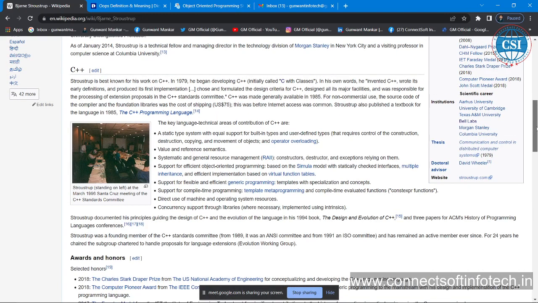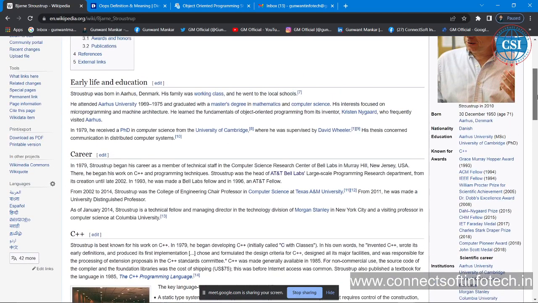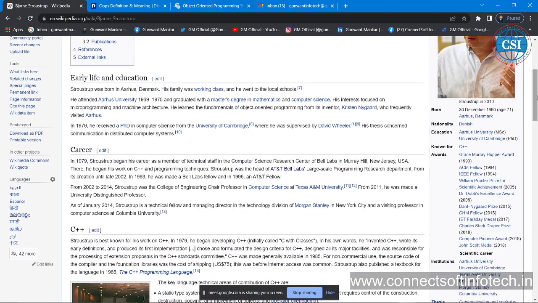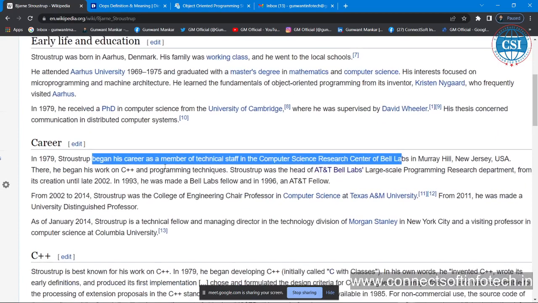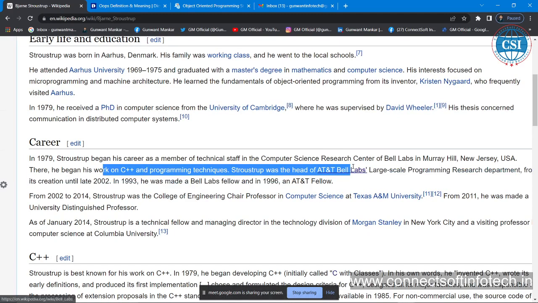C++ was his PhD project. Where was it developed? At AT&T Bell Laboratories.